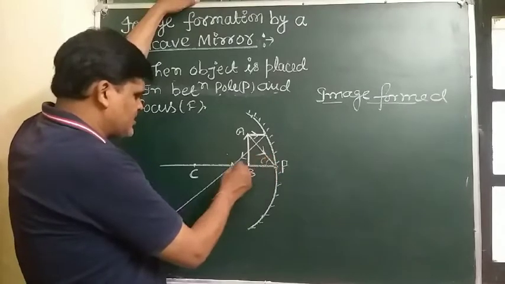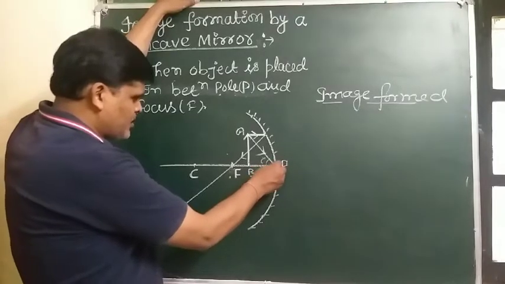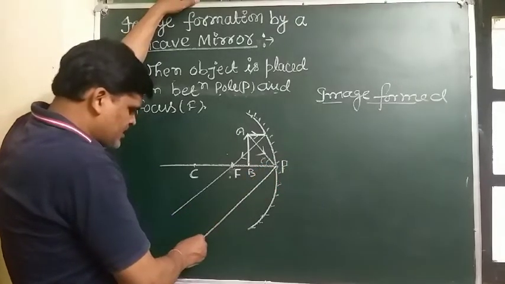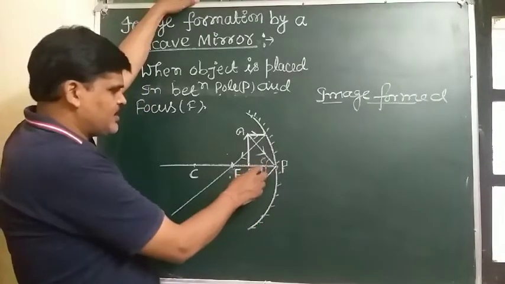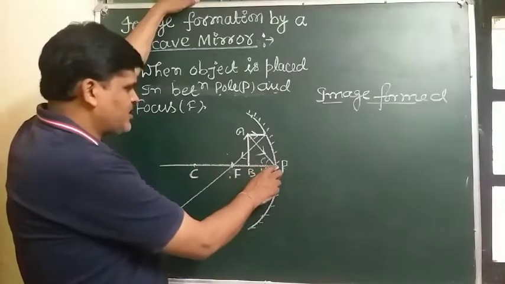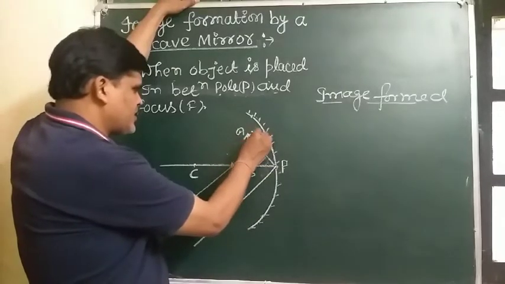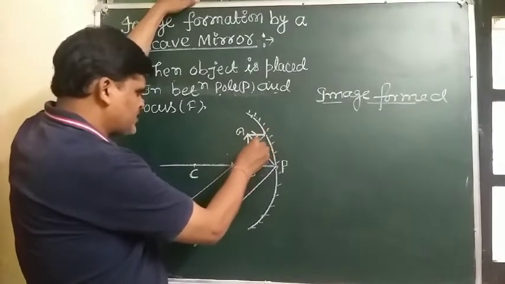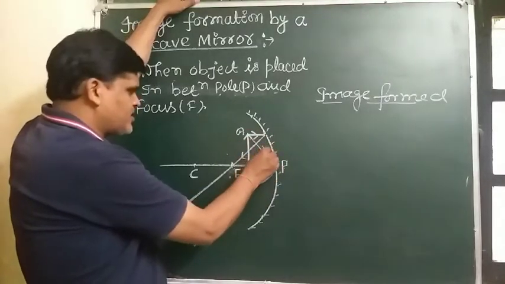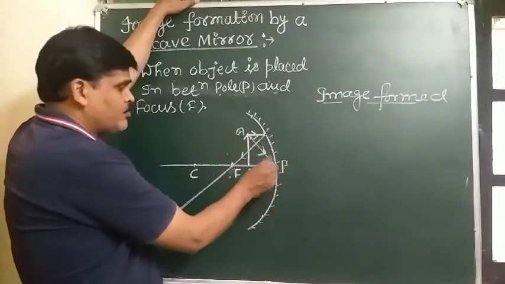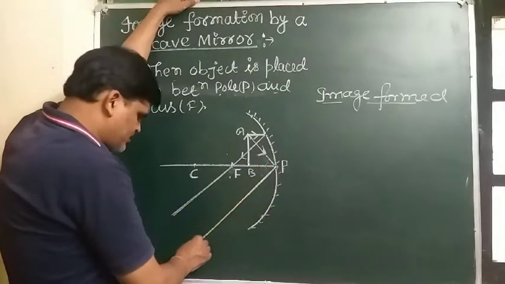CP is the normal, so it obeys the law of reflection, and the angle of reflection is the same. So a ray parallel to the principal axis passes through the focus, and the ray striking the pole is reflected.